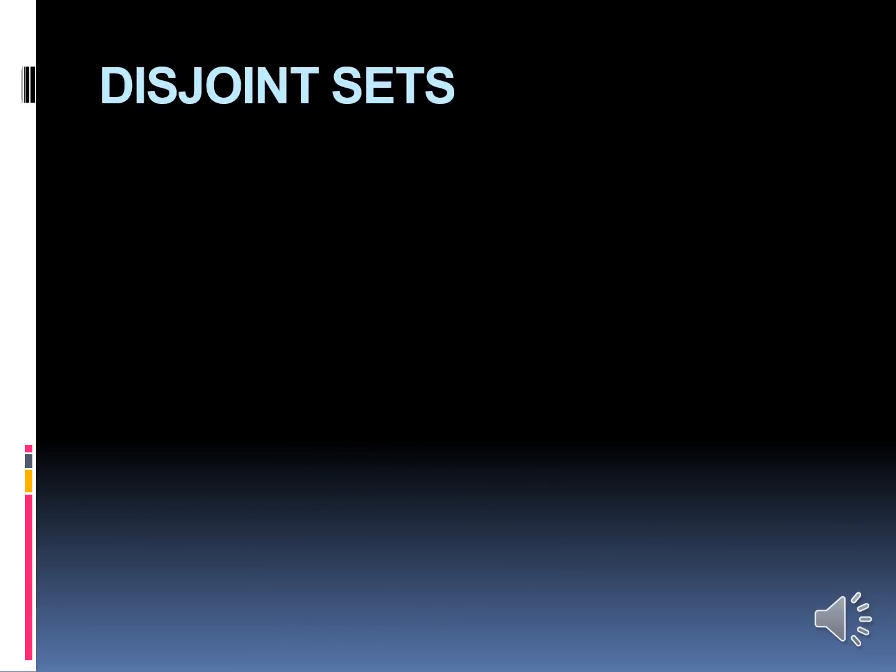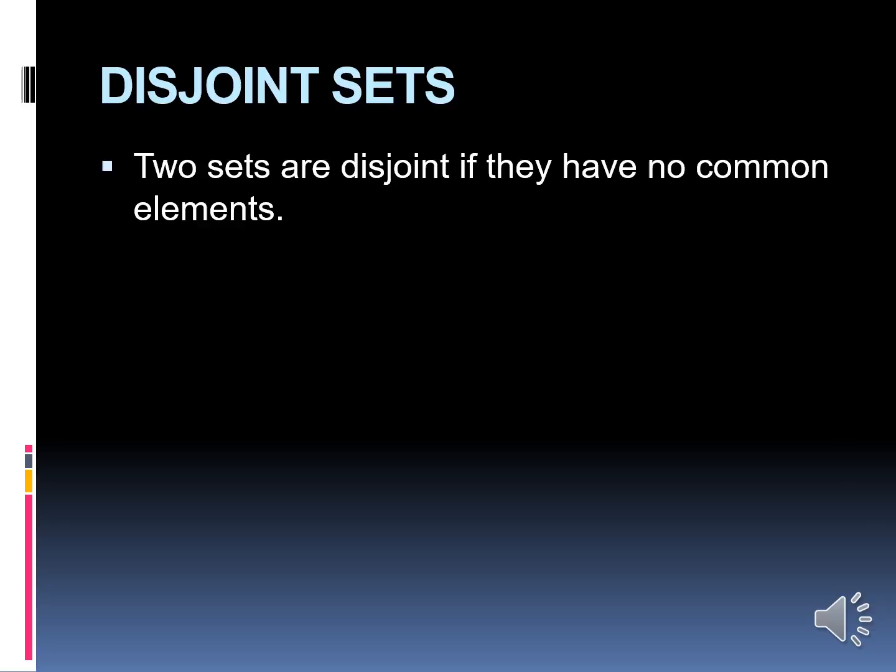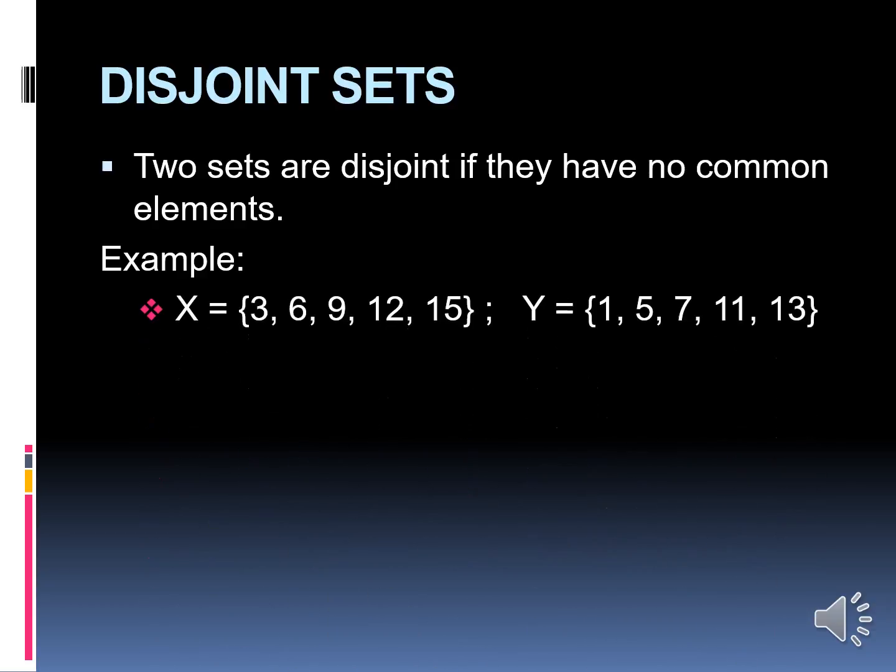Next is disjoint sets. Two sets are disjoint if they have no common elements. For example, set X, which has 3, 6, 9, 12, 15 as its elements, and set Y, which has 1, 5, 7, 11, and 13 as its elements.